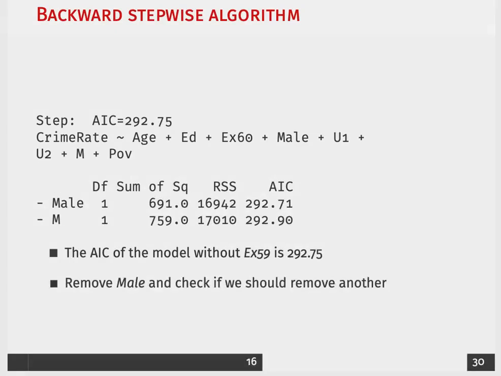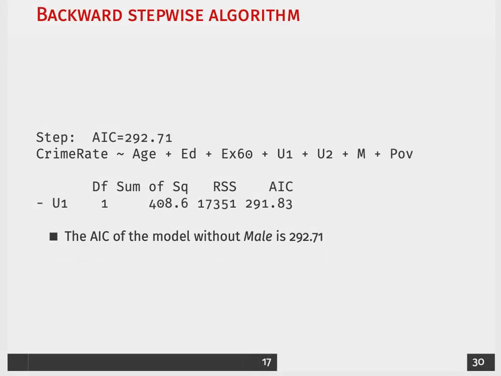And then finally, if we remove M, that should be the best model. Now, once we remove that, there is no better suggestion for us. So we are finally at the quote, best model for the smallest subset of variables based on the AIC criteria.